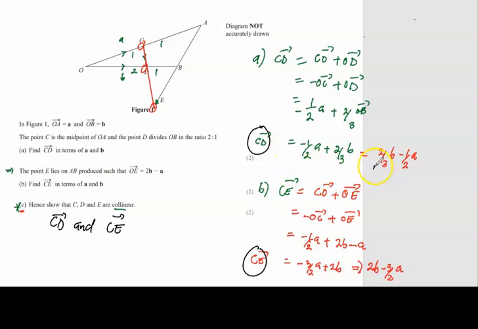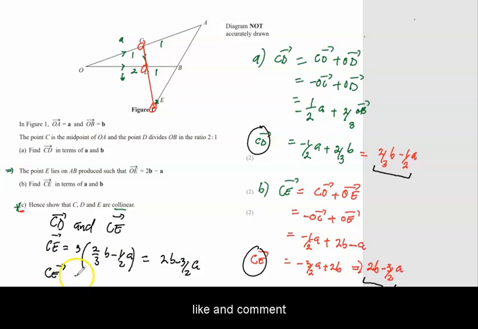So you can see that CD is equal to 2 over 3 of B minus a half of A, and then CE is 2B minus 3 over 2 of A. CE is equal to 3 multiplied by the 2 over 3 B minus a half of A. You get the 2B minus 3 over 2 A. That means CE is equal to 3CD.